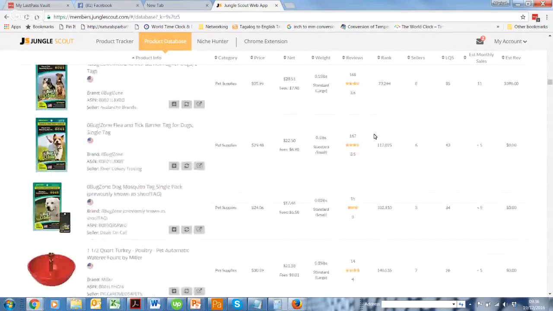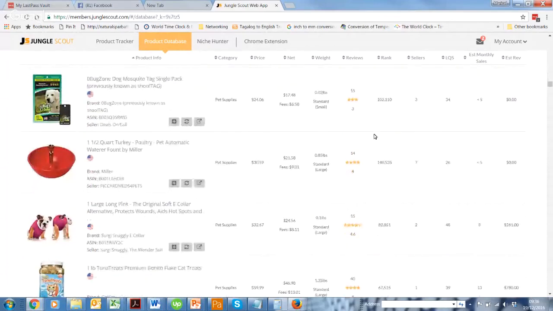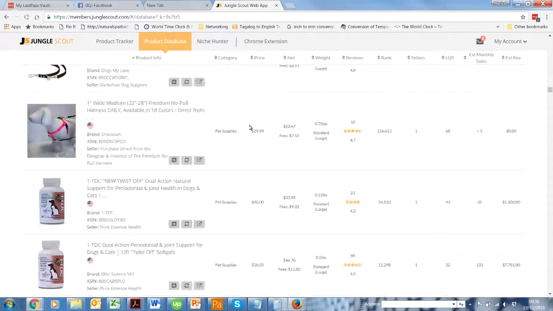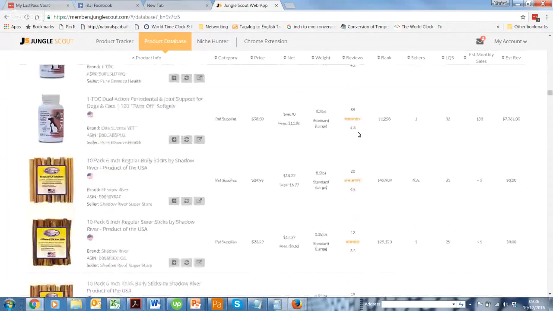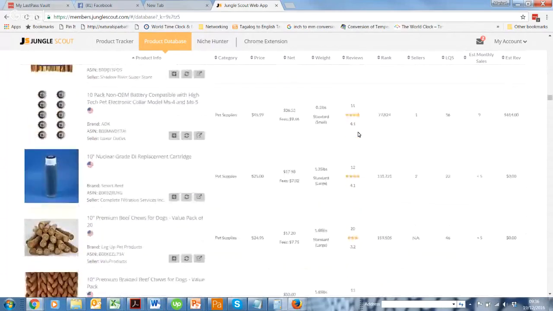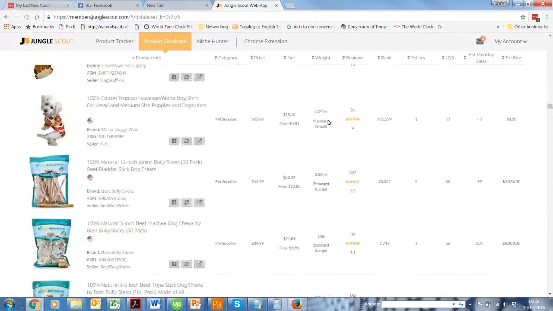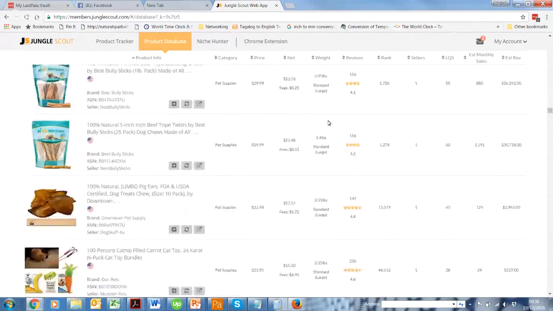But as we're scrolling down, we're going to be looking at trying to find that pretty non-sexy product. Anything to do with collars, flashing collars, leashes, stuff like this. There's an absolute ton of those products out there.